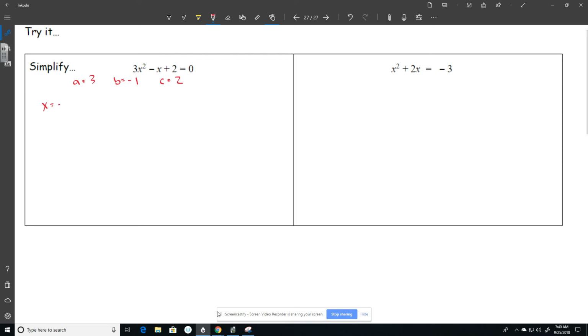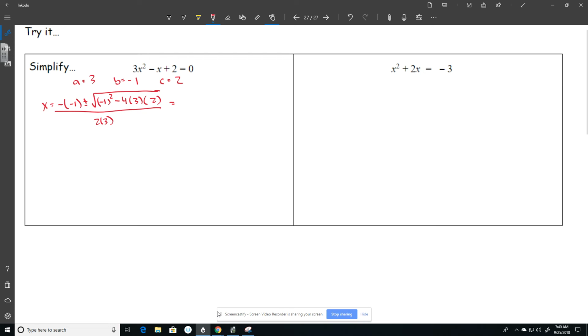So x equals -b, which is -1, plus or minus the square root of b squared, again, -1 squared, minus 4 times a, which is 3, times c, which is 2. All of that is divided by 2 times a, which is 3.